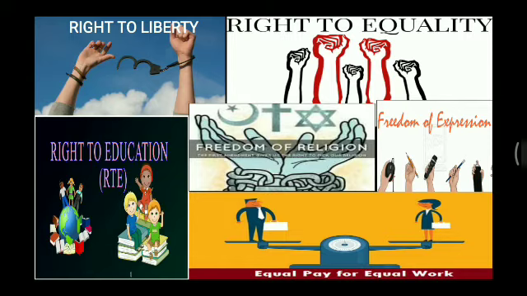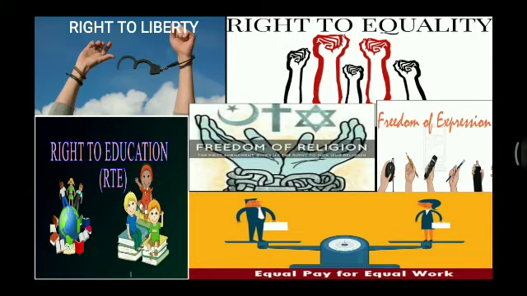This means you must not be imprisoned or detained without good reasons. Secondly, the right to equality. This means all persons should be treated equally before the law, without discrimination, and they have equal protection of laws, irrespective of caste, creed, sex and status.